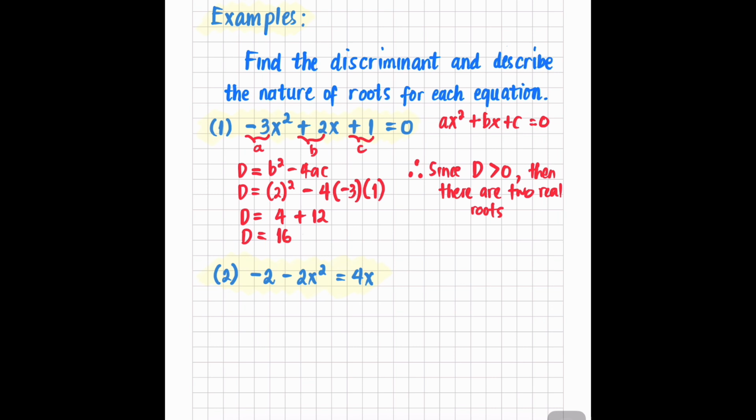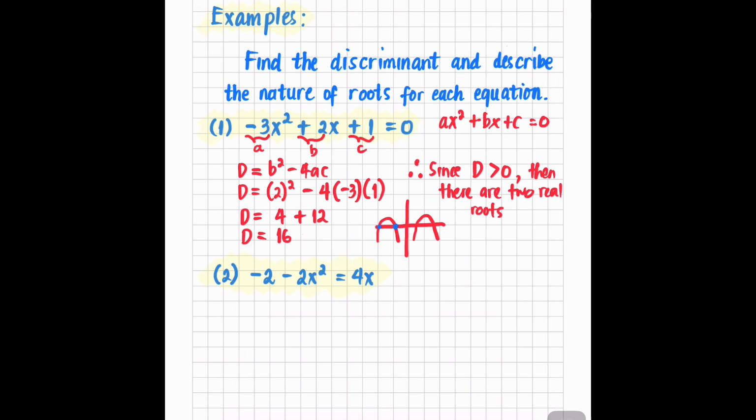So relating that conclusion to the possible graph of that equation, we're going to be expecting that the graph of the first equation can be like this, can be like that. So the parabola will be opening downward because the value of a is negative. And from the concept of the discriminant, since it's greater than 0, it will be crossing 2 points on the x-axis because of the 2 real solutions.